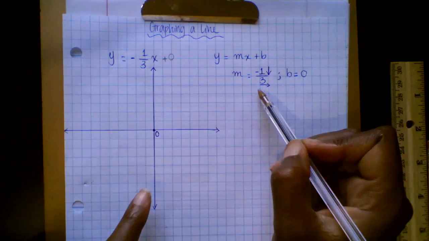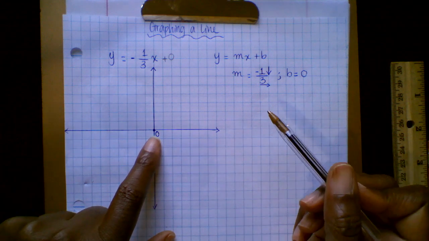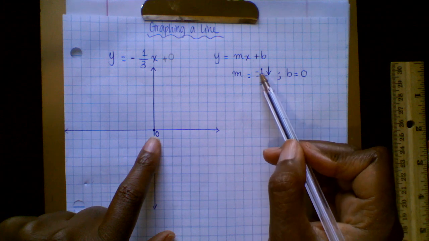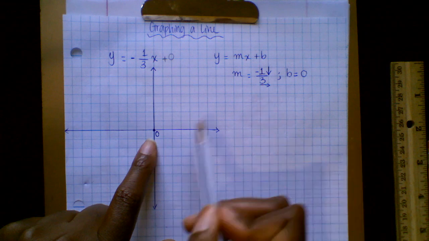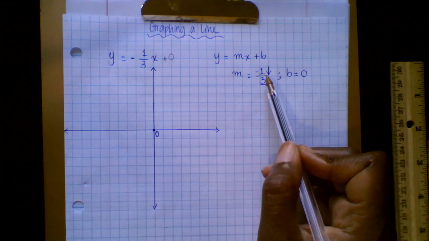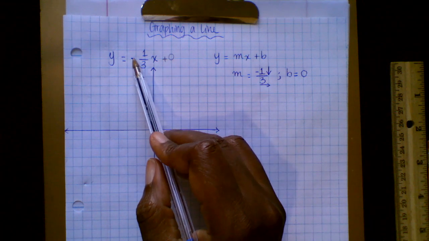The slope tells us in which direction to go to build a line. Because the rise is -1, I have to go down 1 and then move to the right 3 times. You see the negative is only used once.